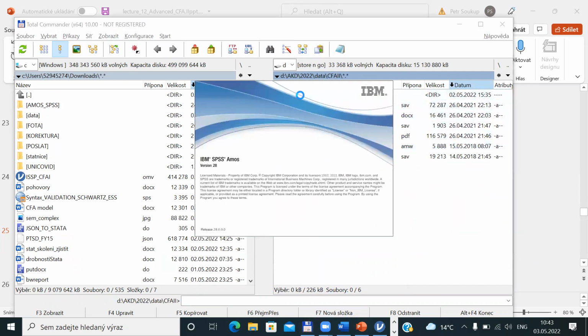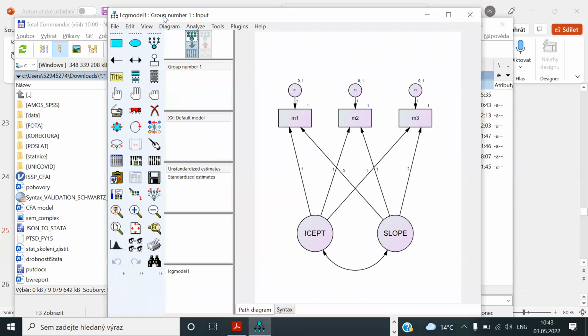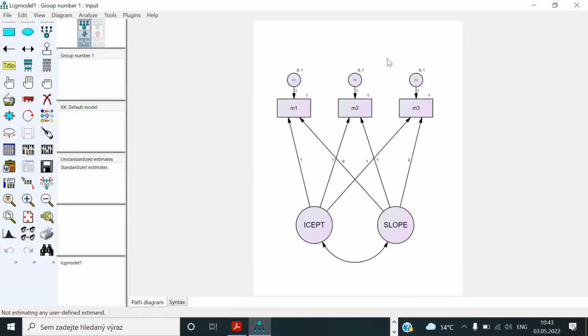And here we have, I hope, Amos, which should be functioning. Currently, I'm opening the latest version of Amos. Amos versions follow approximately the last 10 versions of IBM SPSS Statistics. So currently there is IBM SPSS Statistics 28, and the same is valid for IBM SPSS Amos.